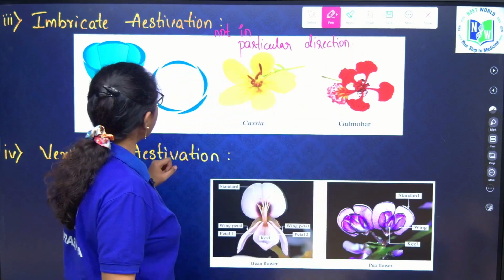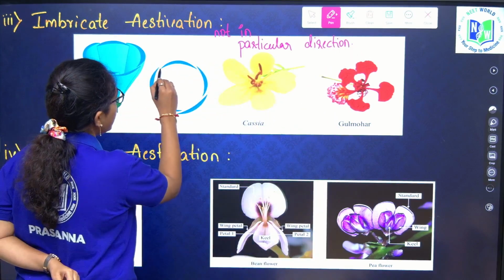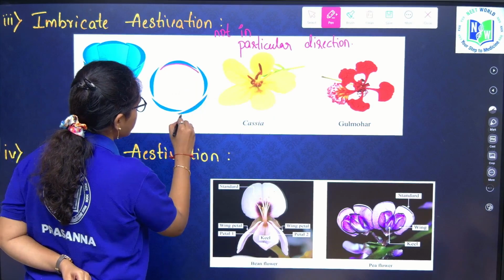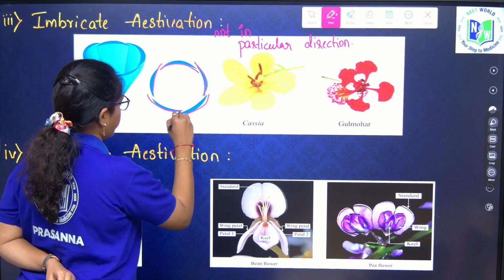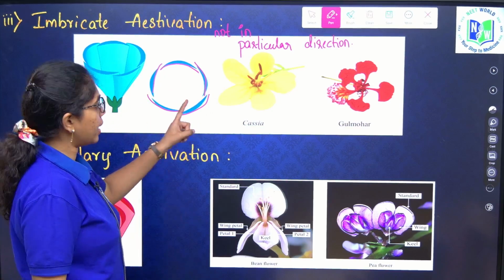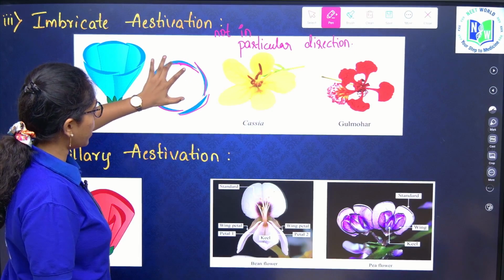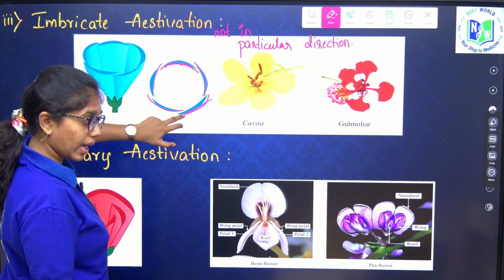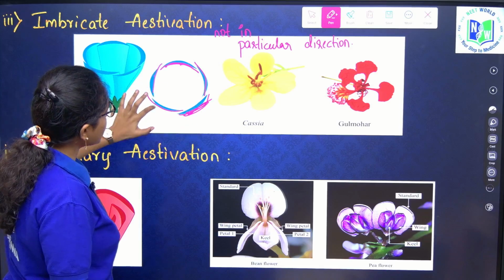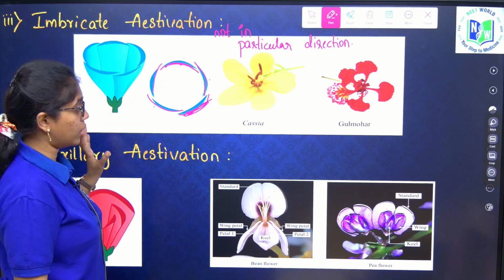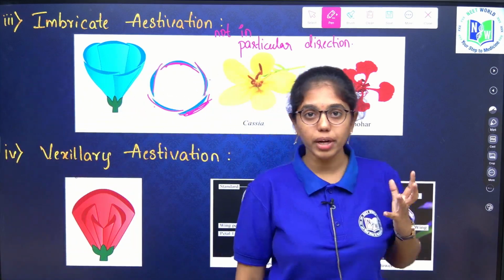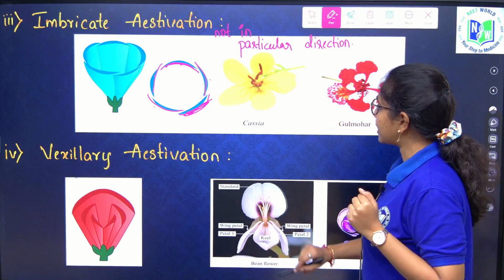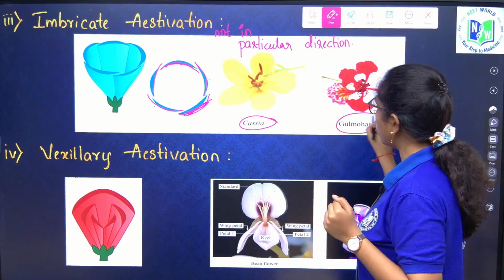If you look here, this petal is towards the inside and this is towards the outside. One petal is interior and the other is out towards the outside, whereas the other three are overlapping each other. So here petals are overlapping each other, but they are not in a particular direction. For example, cassia and gulmohar.